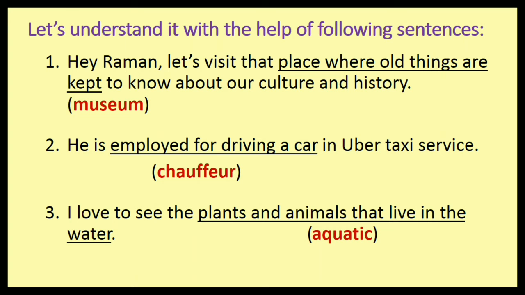Second sentence, he is employed for driving a car in Uber taxi service. So here a person is employed for driving a car. So he is a professional driver and known as chauffeur.